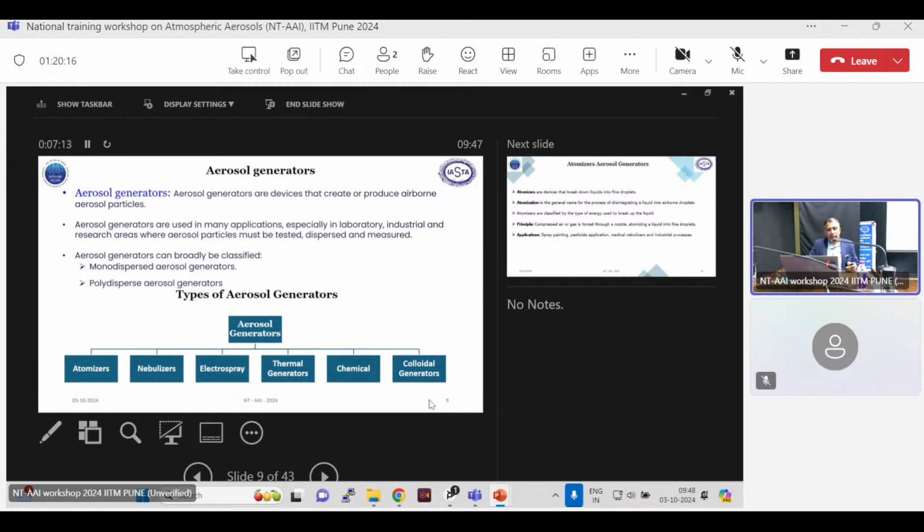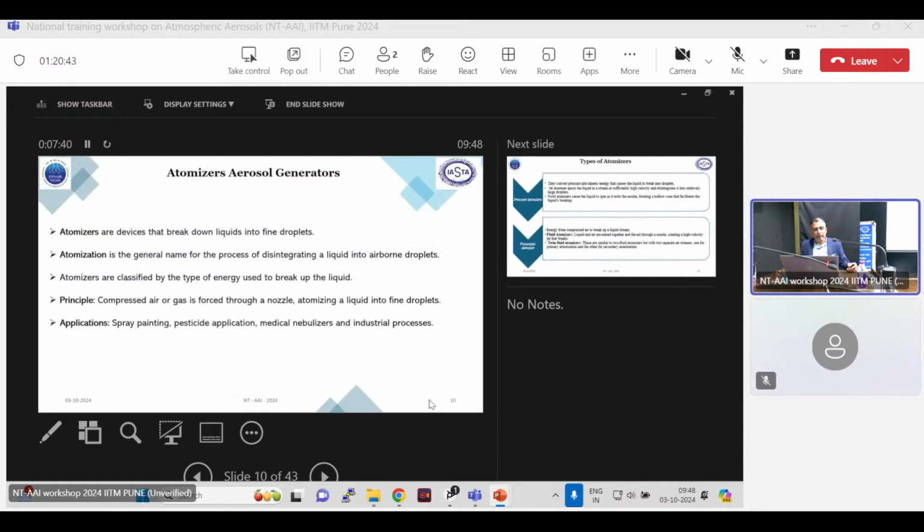The broad categories here are not limited to those listed: atomizer, nebulizer, electrostatic spray, thermal generator, chemical conversion. Chemical generation also generates aerosol, like gas to particle conversion, or chemical reactions like combustion, and colloidal aerosol.